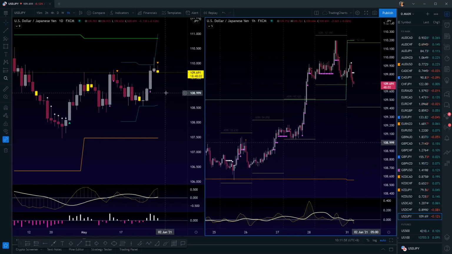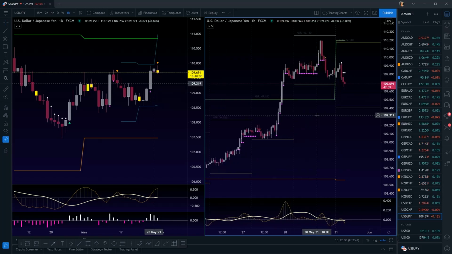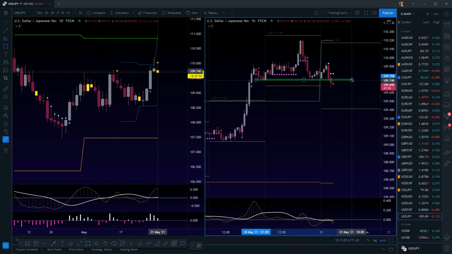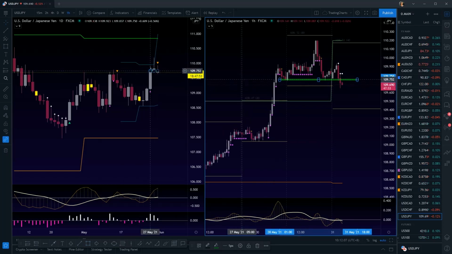Okay, this one looks somewhat interesting. Got the inverted hammer on the weekly ADR. This could be some downside.